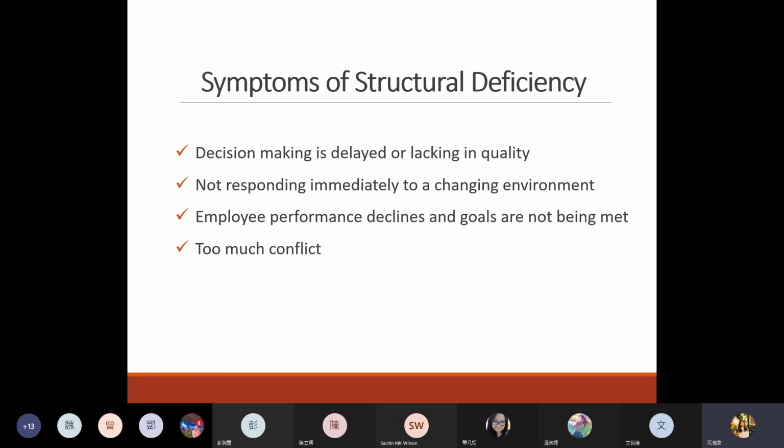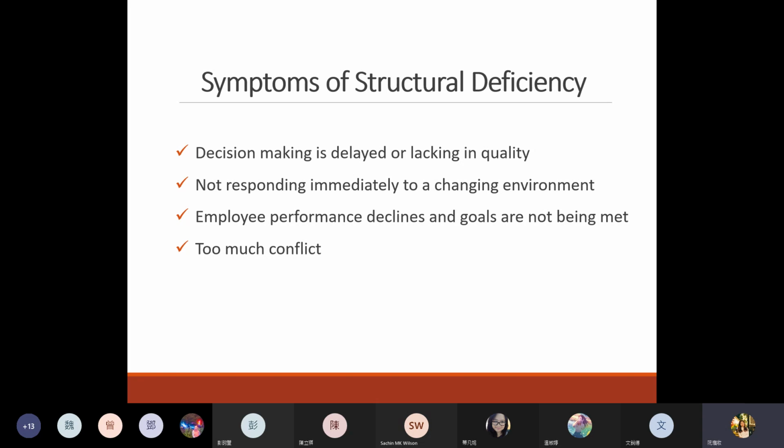And second is if the organization is very slow in responding to changes from the external environment. It means that the structure itself is becoming a delaying mechanism that slows down the whole organization.